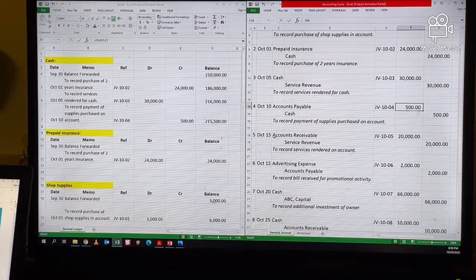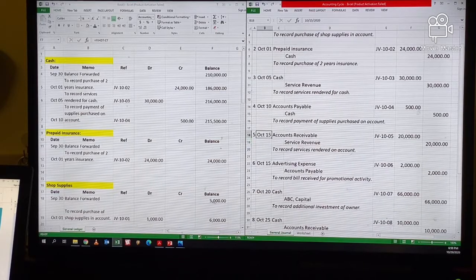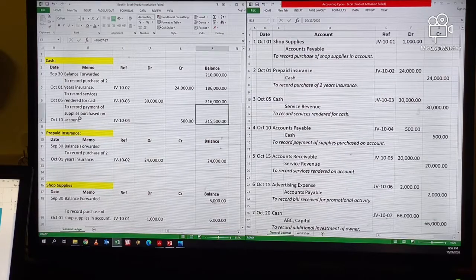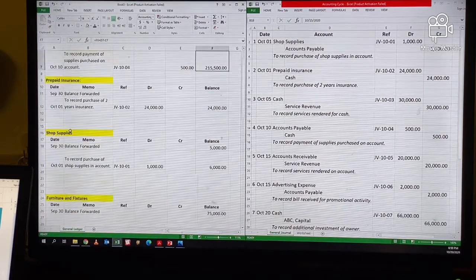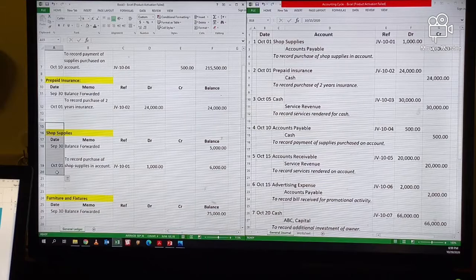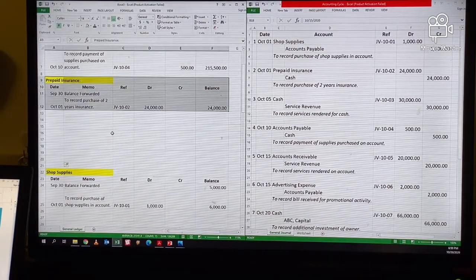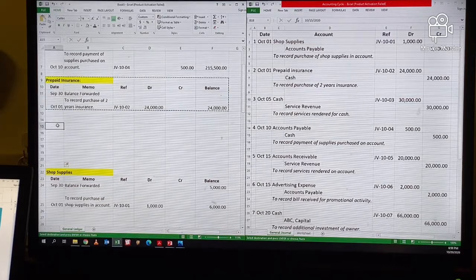Okay, next. October 15, nag-debit ka ng accounts receivable. So, tignan mo, wala pa tayong accounts receivable. So, gagawa ka na naman ng panibagong general ledger for your accounts receivable.